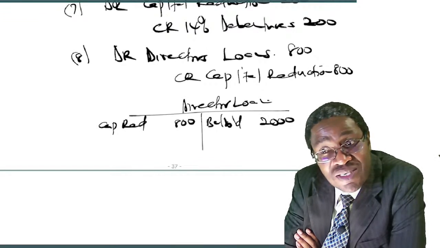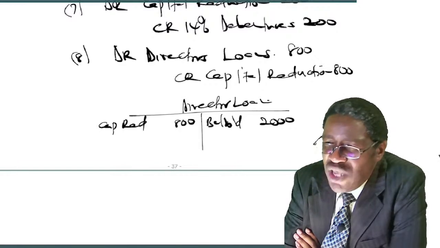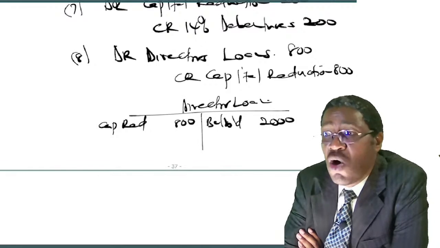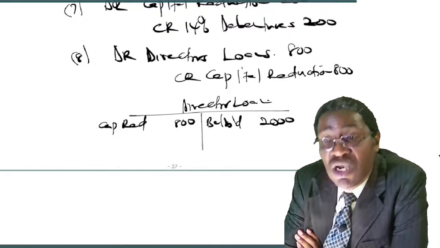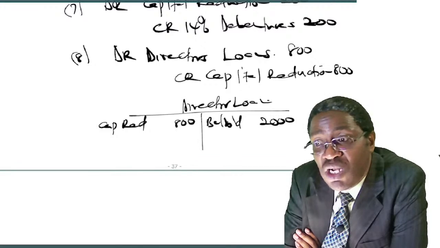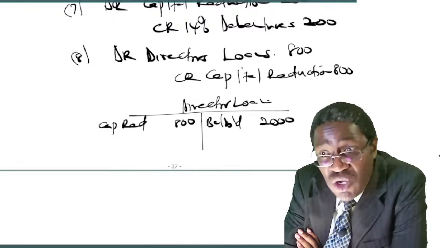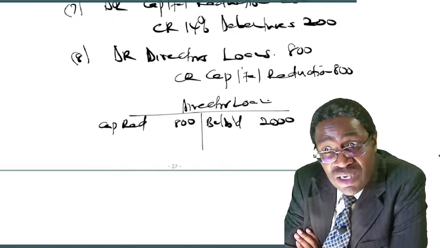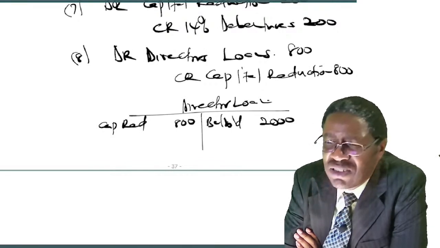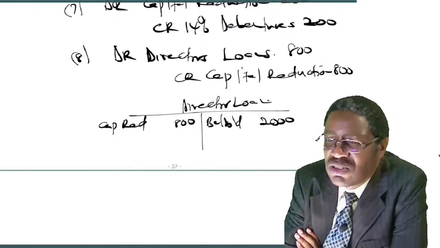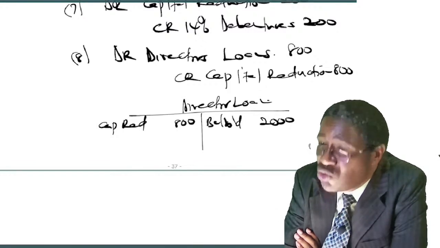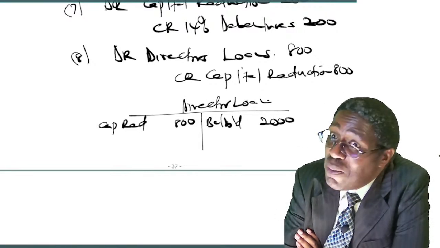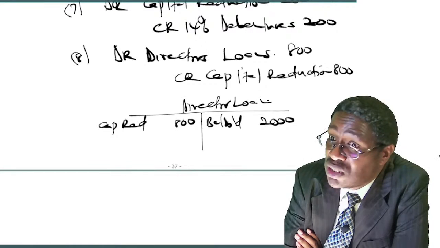Listen carefully, it's true we are issuing ordinary shares whose nominal value is 500. But are we paying 500? No, we are paying 1.2. We owe them a balance of 1.2. You can see the account.